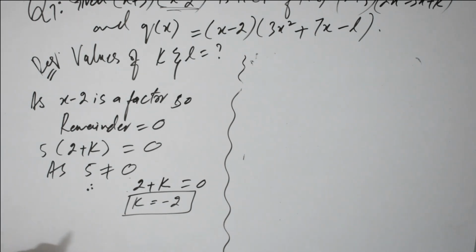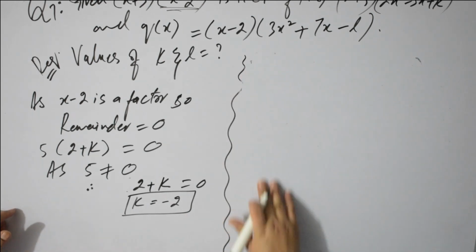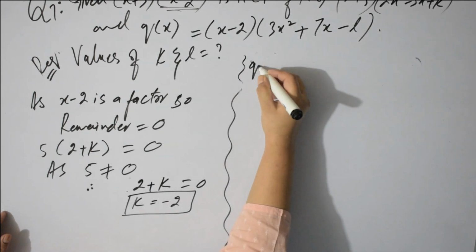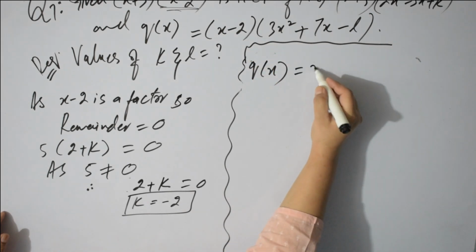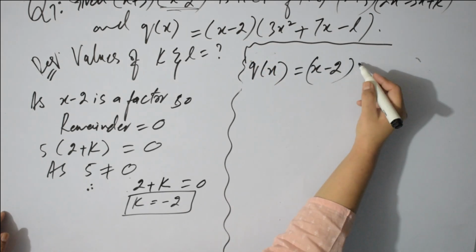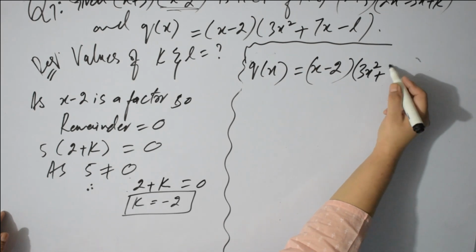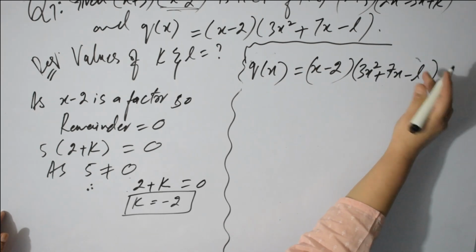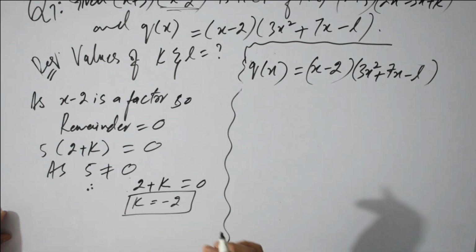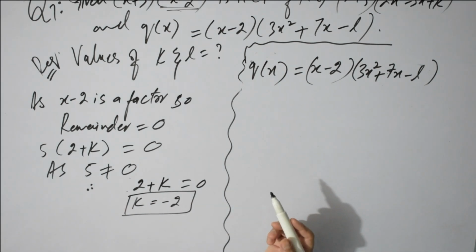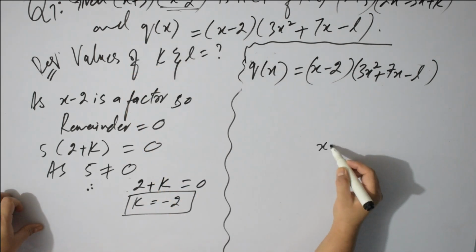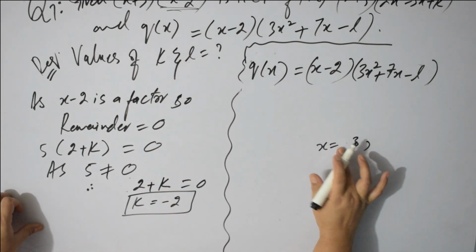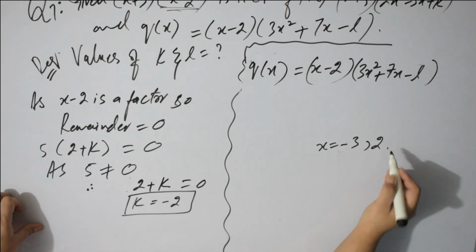Now students, for the second value, again q of x. What is my q of x? Q of x is x minus 2 into 3x square plus 7x minus L. This is my q of x. As you know, I have two values: x is equal to minus 3 and x is equal to 2.